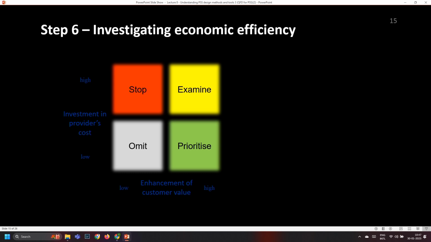And the vertical axis is the amount of necessary investment, okay? High and low. So by using this 2x2 matrix, you can easily get support for rational decision making, right?